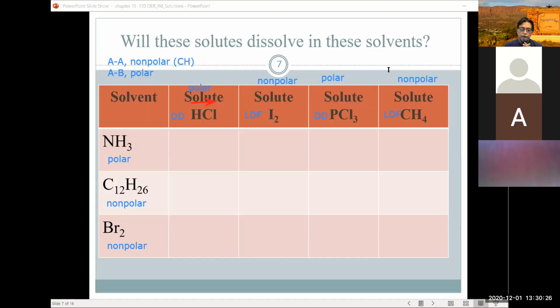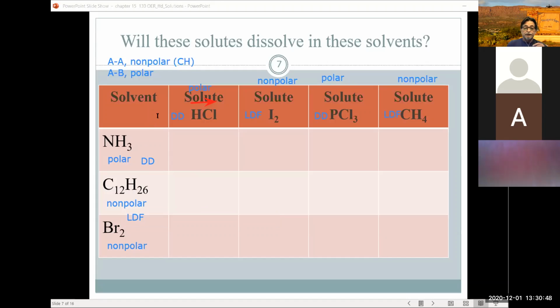Okay. So as far as solutes, the forces involved here would be the dipole for ammonia. And for the nonpolars, what do we got? London dispersion forces.